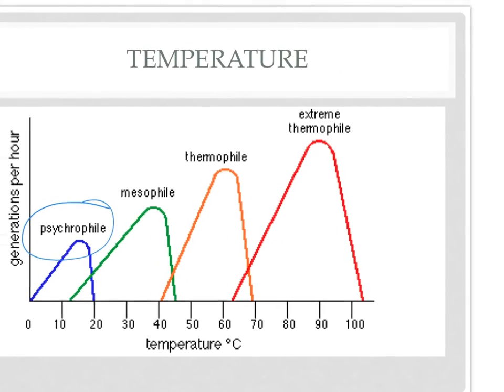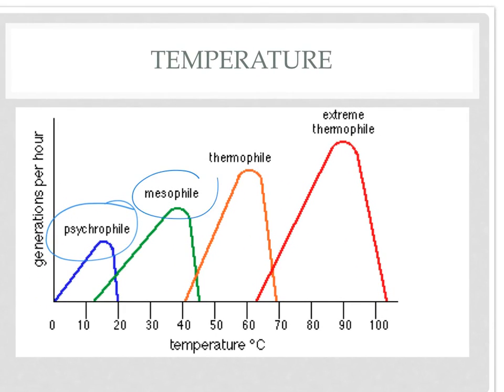Then we've got our mesophiles, and these live at normal temperatures, room temperature, or they live in the human body. And then we've got our thermophiles or extreme thermophiles. They're microbes that can live in very hot environments, things like volcanic vents, compost heaps, and hot springs.